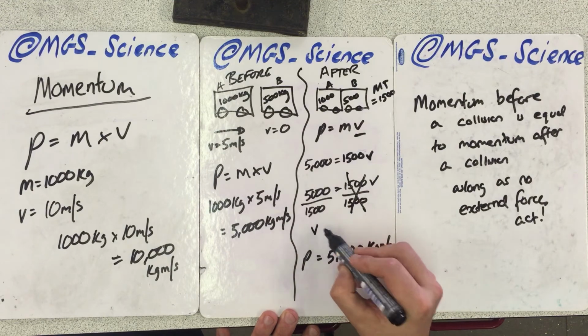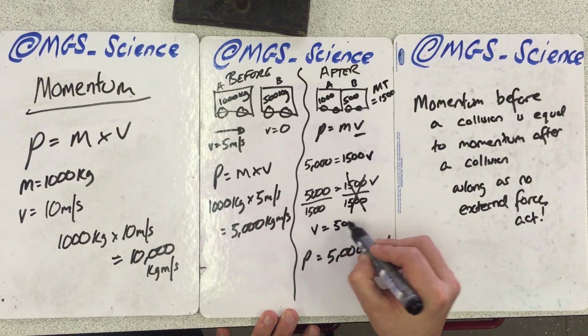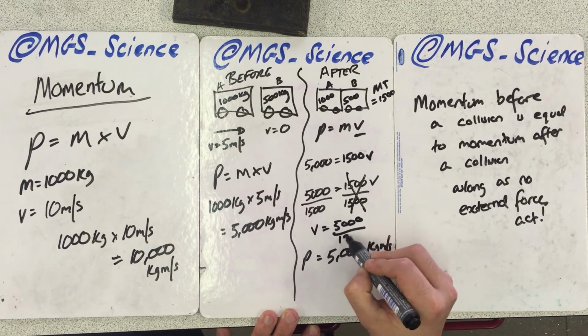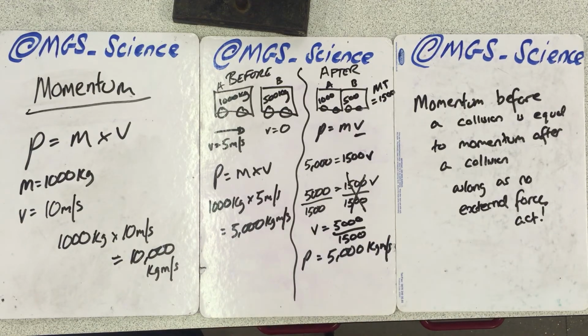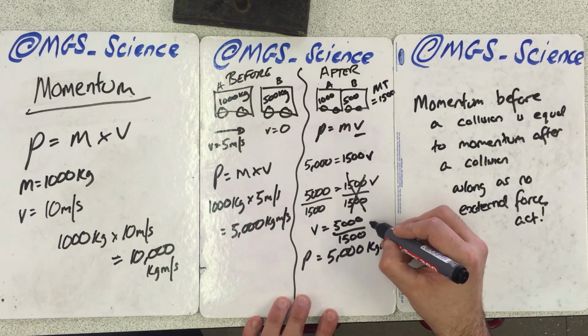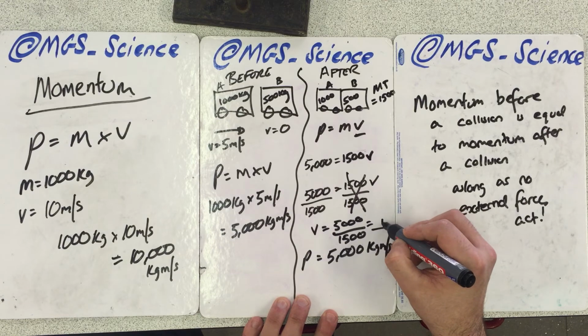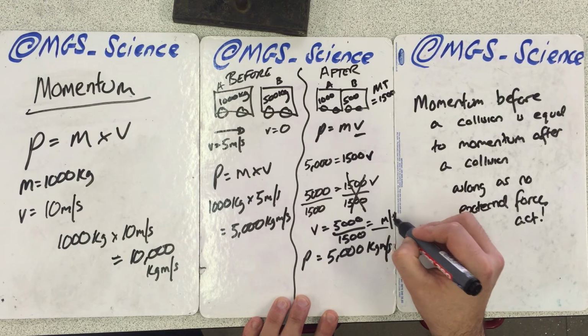And we're left with v is equal to 5,000 divided by 1,500. Okay, so how many 1,500s go in there? It's going to be about 3, or 3 point something. So then we can work out what our velocity is, and that would be in meters per second.